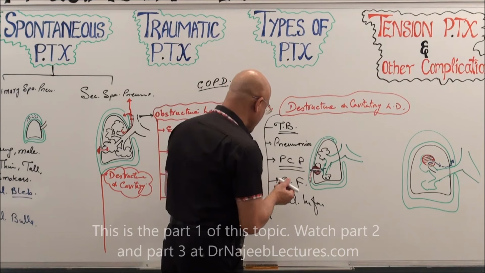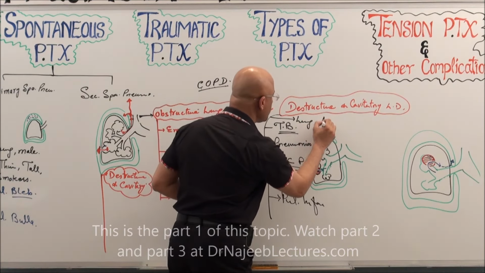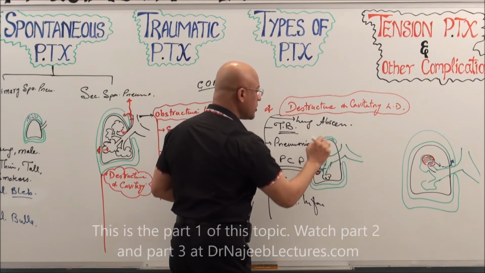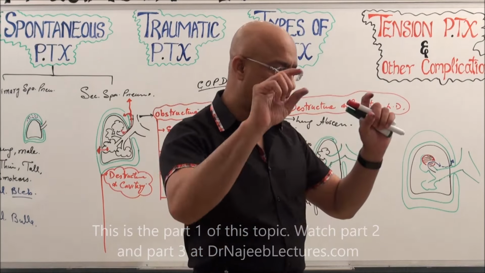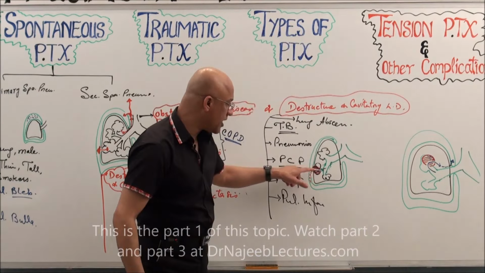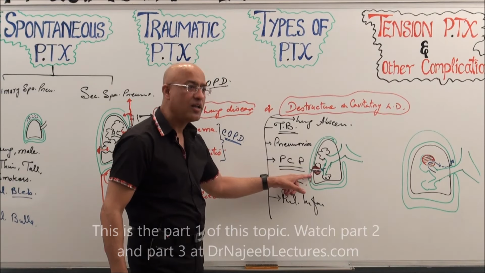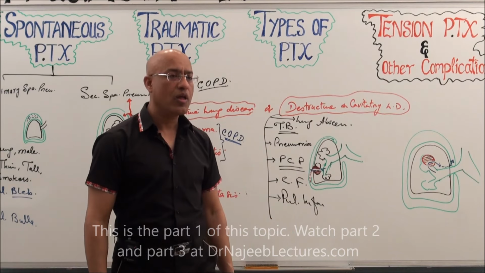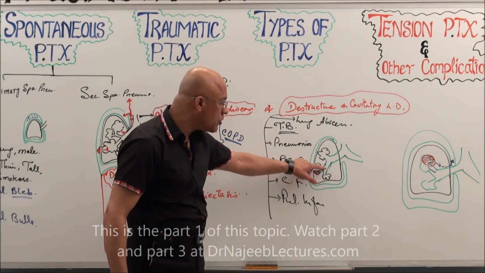Classically lung abscess, of course I should mention here, lung abscess. It can drain into the pleura and then also connect the bronchus with the pleura. If the bronchus and pleura are connected, air can come from the bronchial tree to the pleura. We also call this condition bronchopleural fistula.